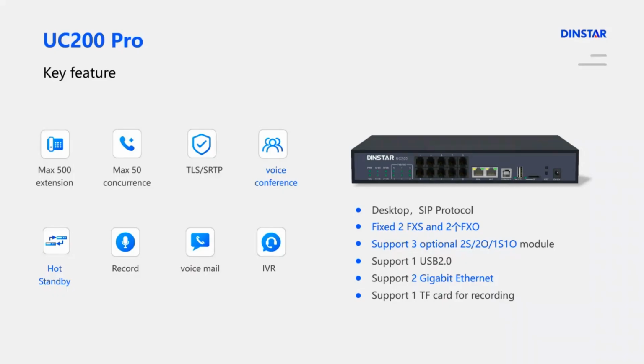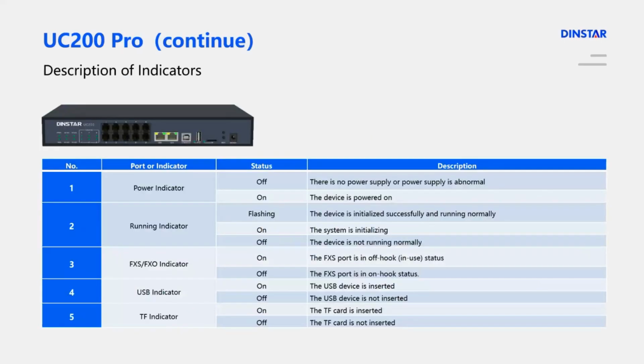It supports 3 optional expansion modules, like more FXS and FXO ports, to scale as you need. And here, the labeled indicators show power, running status, FXS and FXO, and also the USB and TF. We can quickly check the system status at a glance.